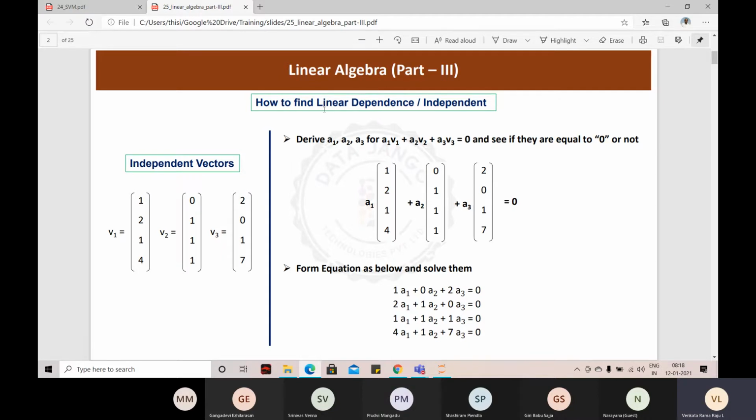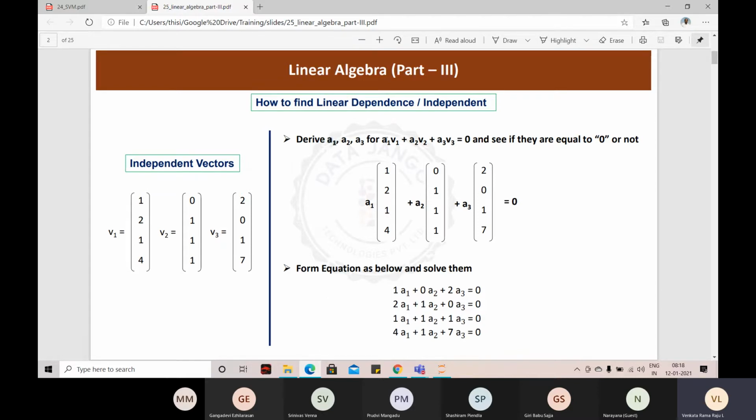So I took some examples of linearly dependent and linearly independent vectors. I have taken v1, v2, v3, and I am trying to see whether they are linearly dependent or independent. If you have 1,000 rows, this is how you do it.